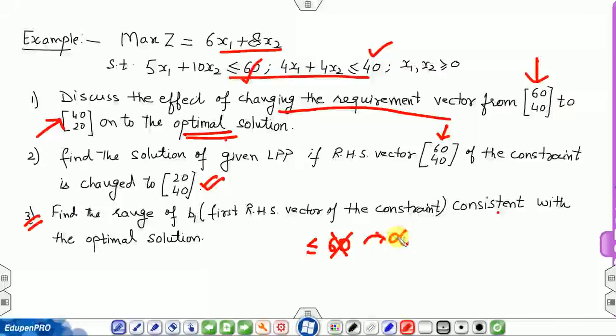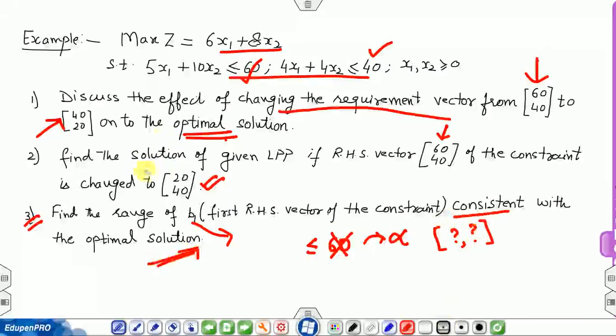Can it be greater than 60? Can it be greater than 100? Can it be less than 90? Can it be negative, and so on? So we have to find the range, that is the lower bound and the upper bound of b1, so that it is consistent with the optimal solution, that is, the optimal solution remains the same.